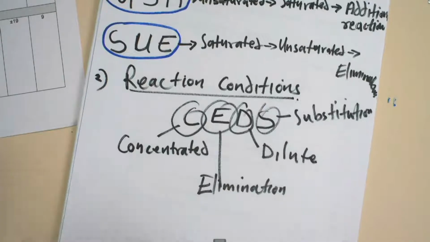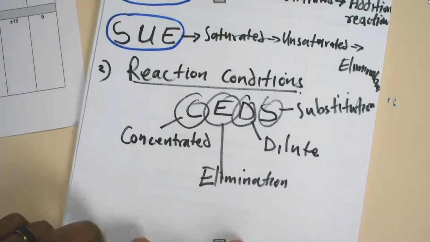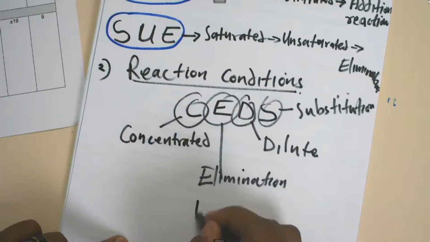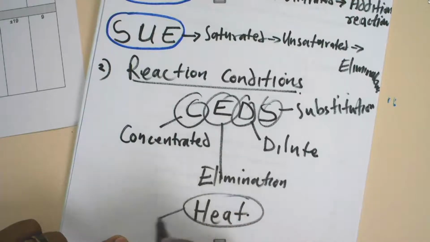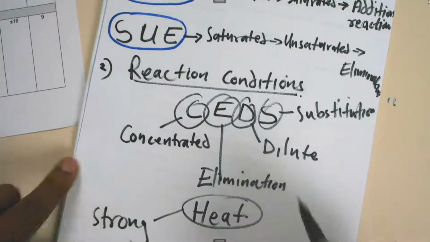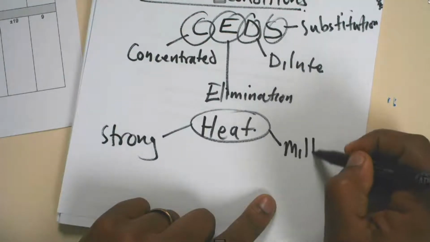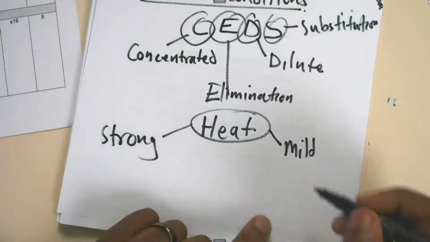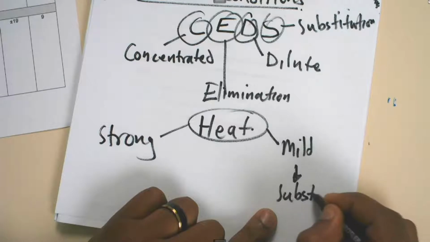One other thing on reaction conditions is heat. You have strong heat and then you have mild heat. If it's mild heat, it goes hand in hand with substitution.